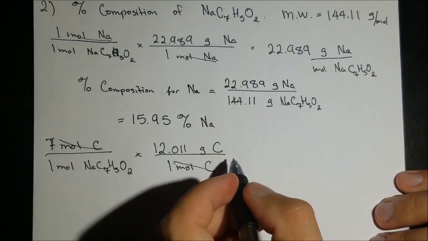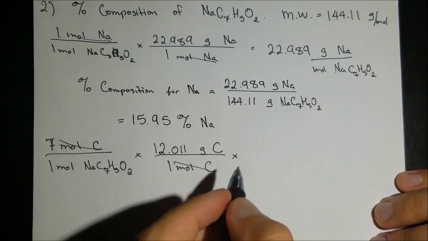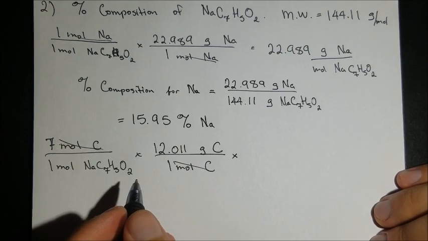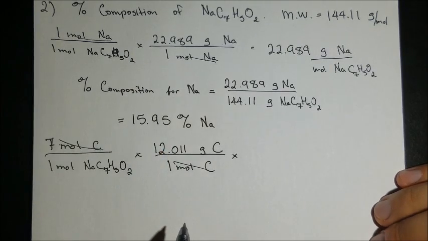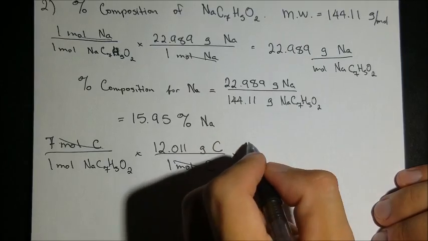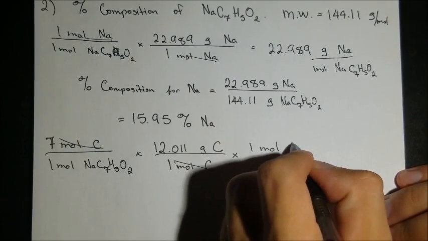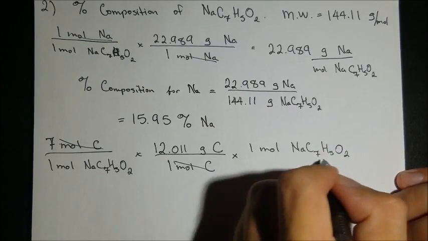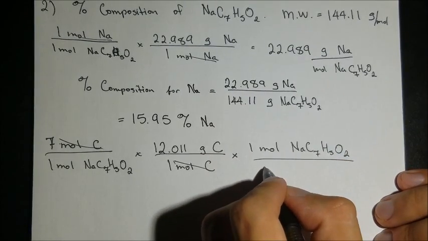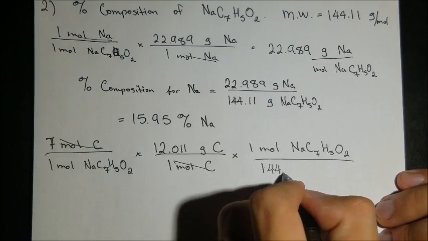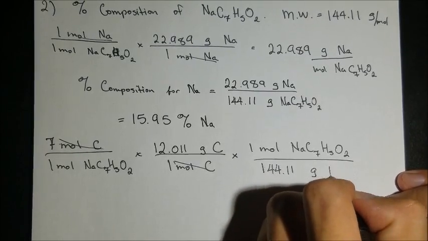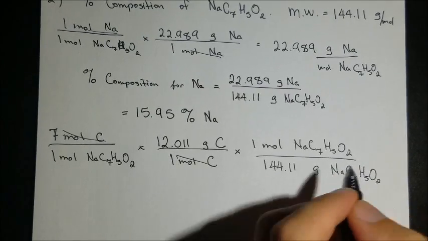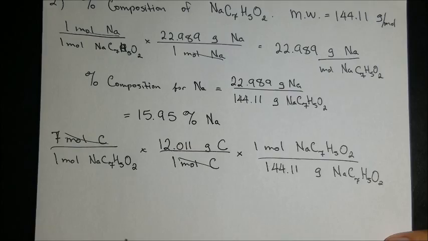And I'm going to go ahead and include my percent composition calculation in here. For some of you, this might be actually a little bit easier to see than to have it separated into steps like that. So then I'm going to say that for 1 mole of sodium benzoate, I have 144.1 grams. Okay. So this way we can see how our units actually cancel.